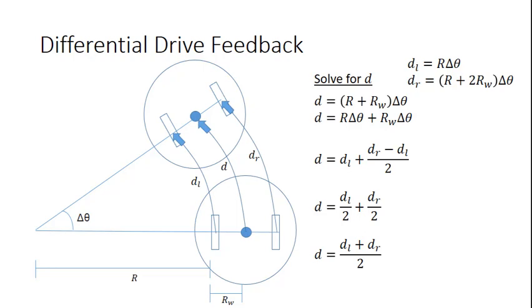And then we just go through these steps. I don't want to go through every single step here. I will leave it to you all to make sure that you can follow these equations. If you have trouble, you can come talk to me. But in general, you should be able to follow these. And at the very bottom here, we get all the way down to d equals dl plus dr divided by 2.